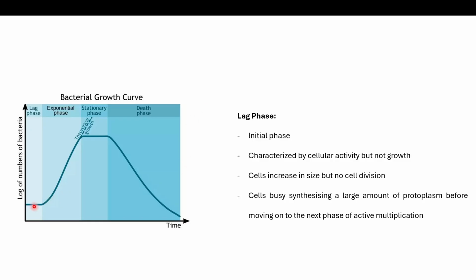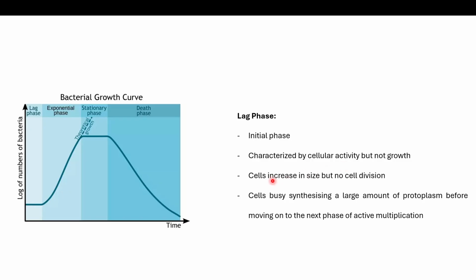Okay, so when we plot a bacterial growth curve, it has the logarithmic scale number of bacterial cells, which is dependent on the time period. First is the lag phase, which is the very initial phase here, and which is characterized by cellular activity, but no growth or division.